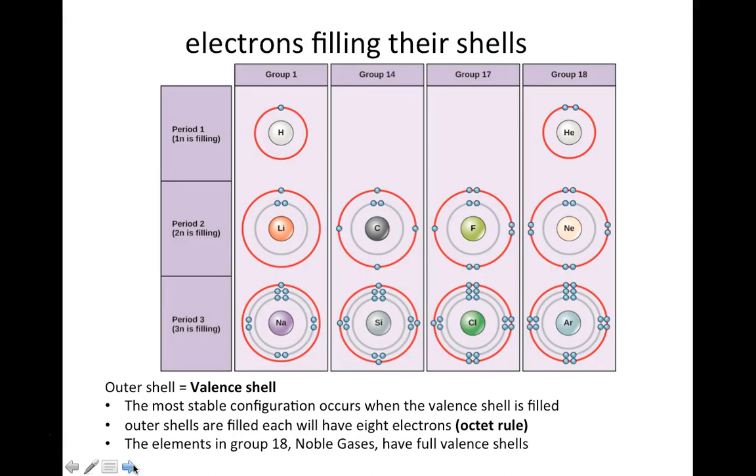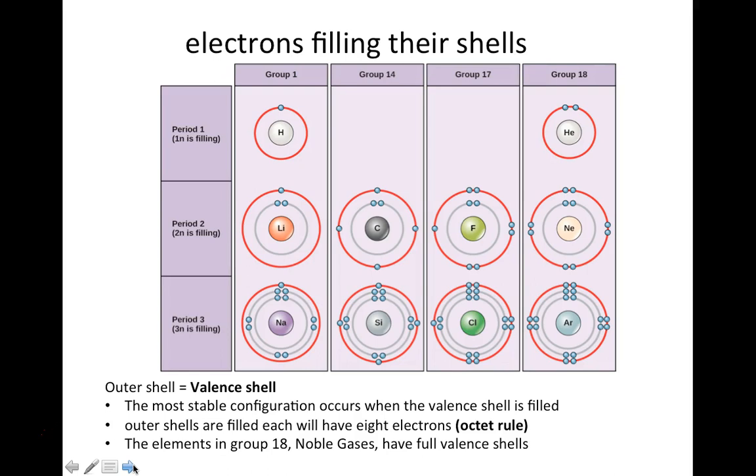With electrons filling their shells, and that's what they do when we look at different atoms, we're going to find, depending upon the element, they're going to have different numbers of electrons, corresponding, of course, to the number of protons. The outermost energy level, also called energy shell, is called the valence shell.